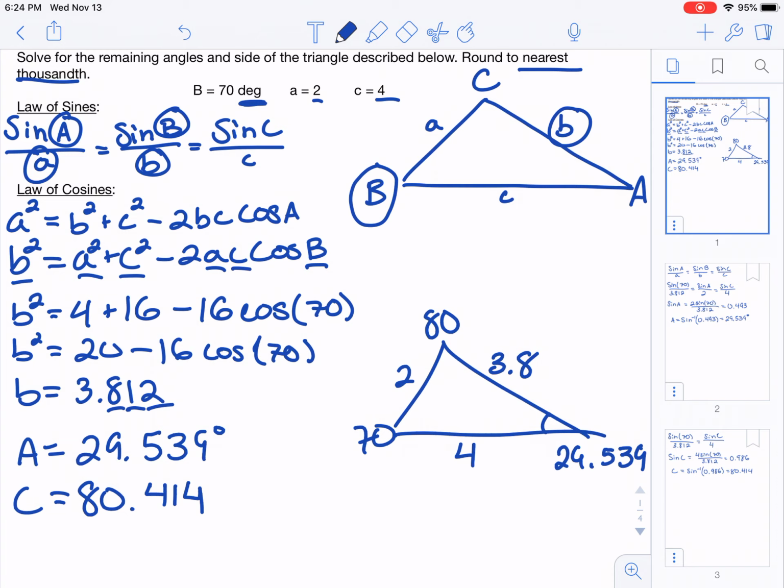Now if you notice, the largest angle here, 80 degrees, is paired up with the largest side. Its corresponding side length is the longest side on this triangle. And conversely, our smallest angle, this 29.5, has the smallest corresponding side length.